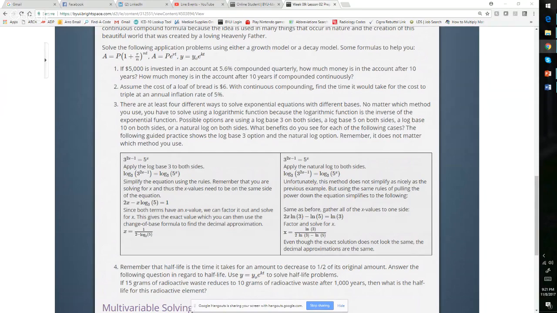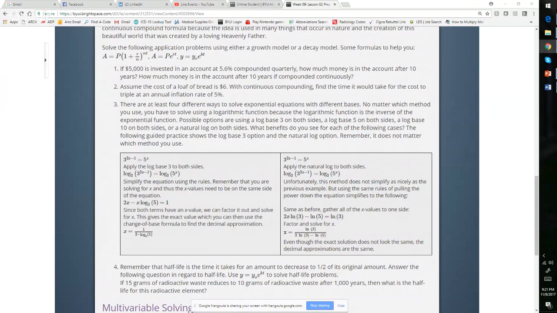5,000 is the principal, 0.056 was the rate, and n was 4, with the time being 10 years, compounded quarterly, so 4 times a year.